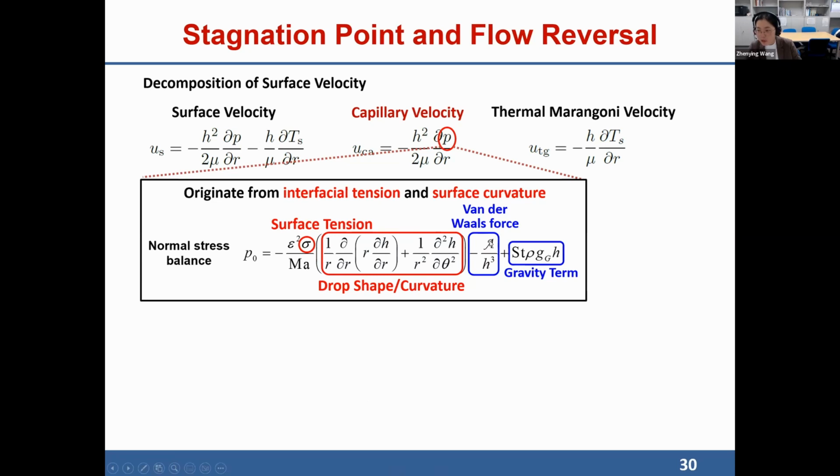So these two terms can be neglected. What dominates is the surface tension and the curvature of the liquid-gas interface.